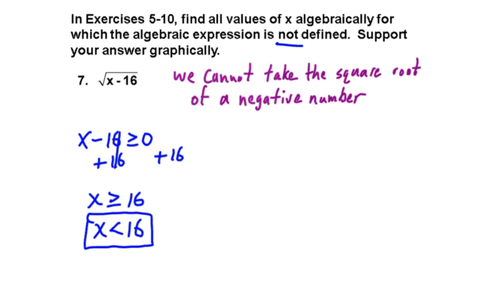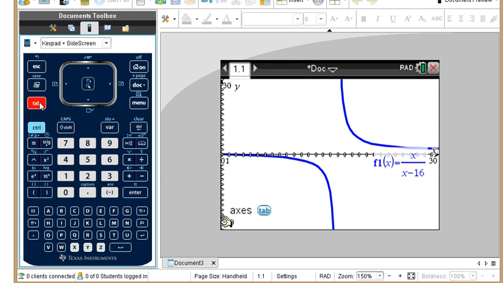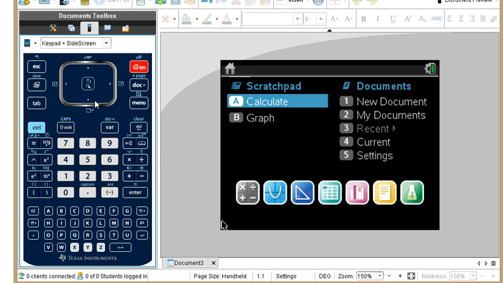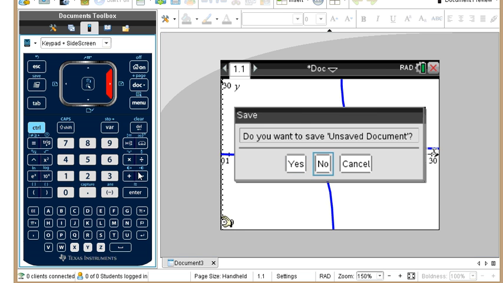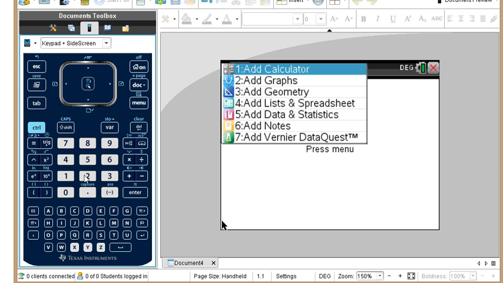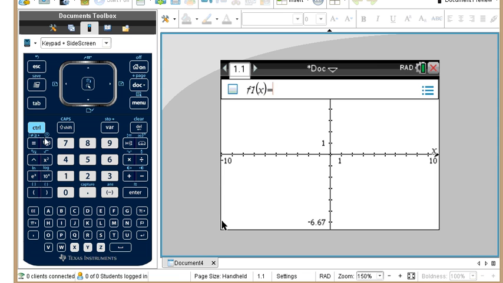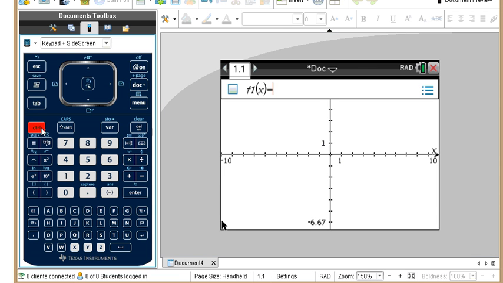And graphically we can examine this. We go back, and I'm going to get a new page. Okay, we have add graph. We have the square root of x minus 16.